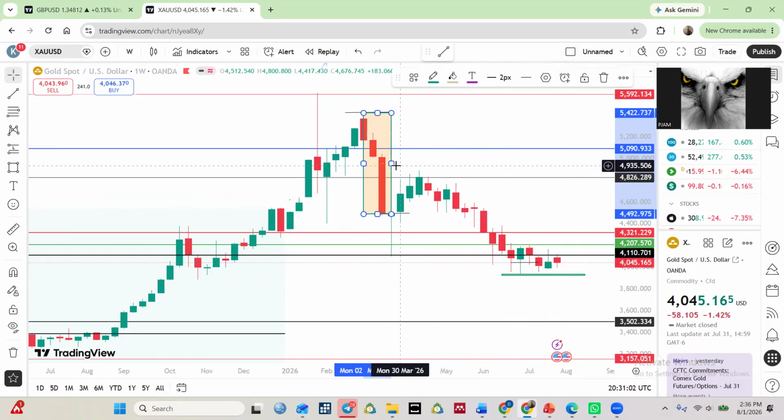So you will now start thinking about also joining to sell instead of buying the market from the weekly time frame perspective. If you are using 30 minutes, it might be different. You might be seeing something different. But like I said, the higher the time frame, the more valid the idea you are getting will work.